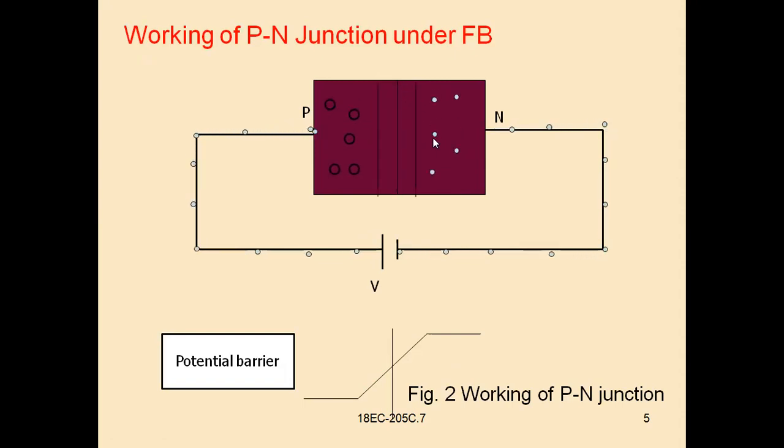These electrons are attracted towards the positive terminal of the battery, and the holes, which are positive charge carriers, try to move towards the n-type, the negative terminal of the battery.